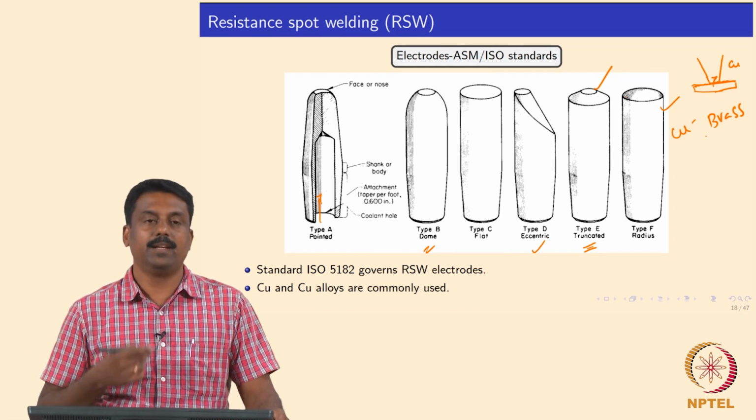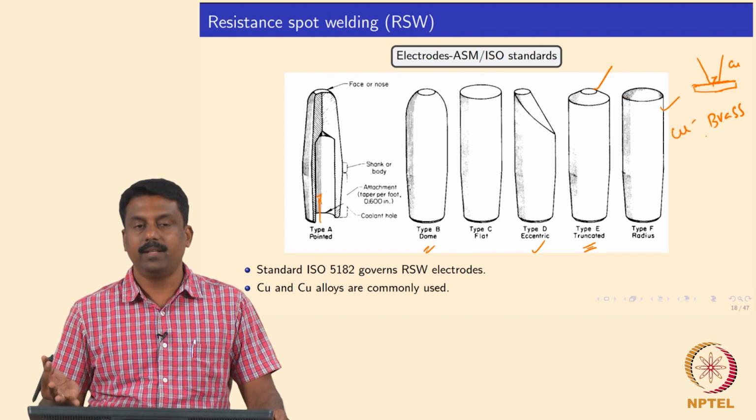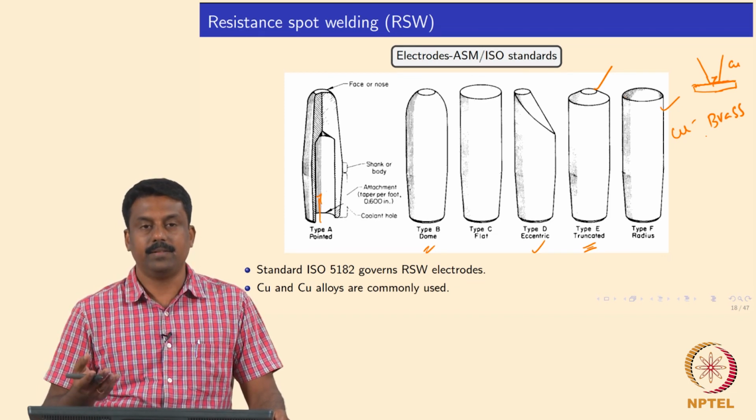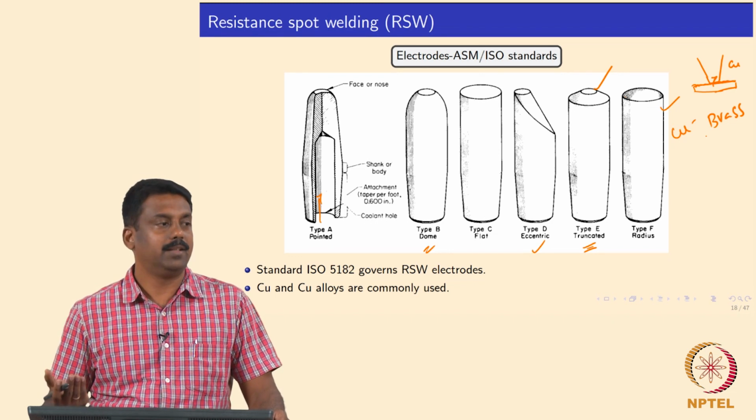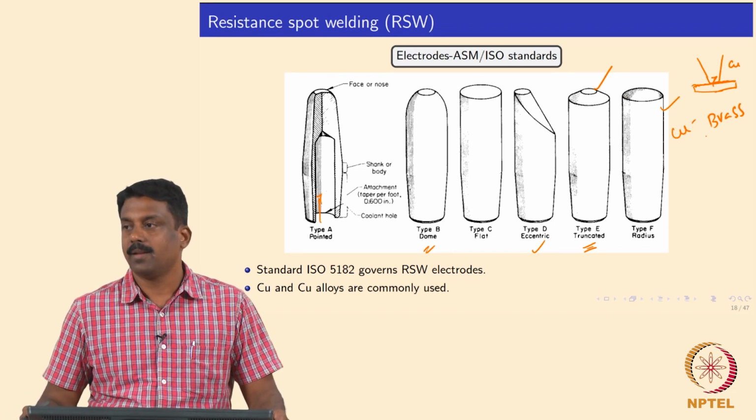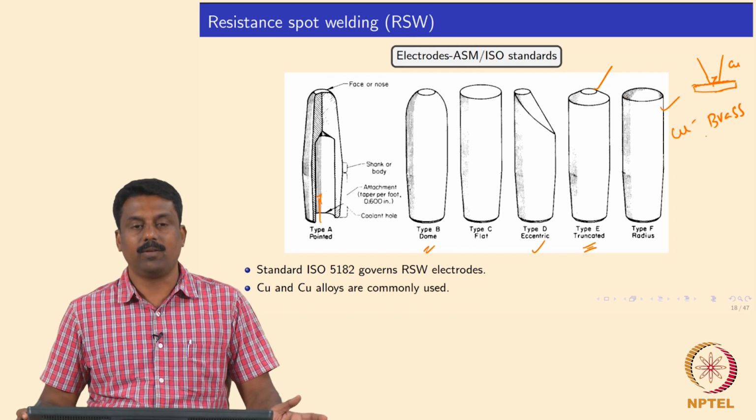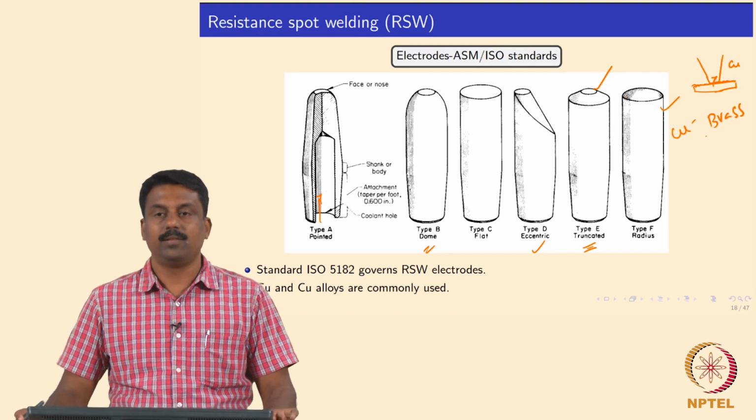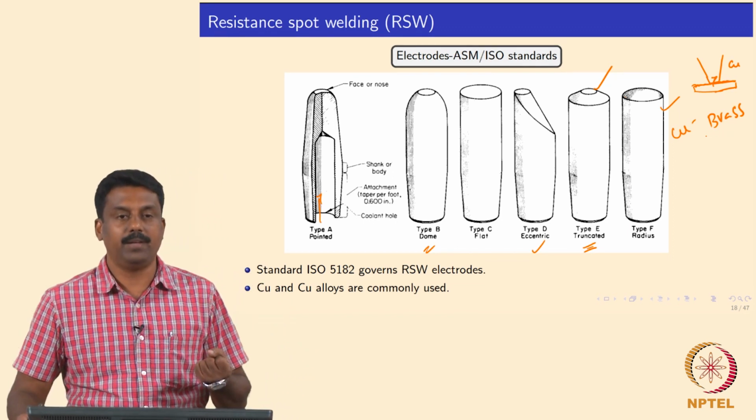So there have been various developments in the material. For example, people started using rare earth additions, adding yttrium oxide or zirconium oxide to copper by a powder metallurgy route.